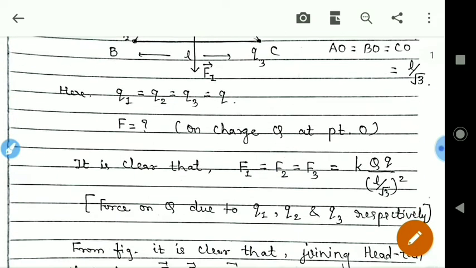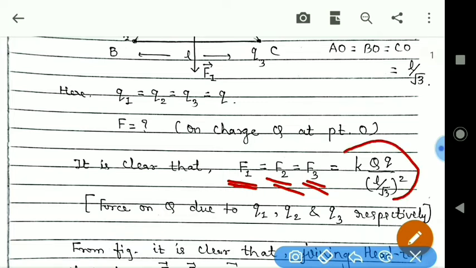So here I have mentioned that the force acting between the charge at the center and A is equal to the force between the charge at the center and point B, and the third force F3, which is between the charge at the center and Q3, will be the same in magnitude. Definitely their directions are different, but as a magnitude they are the same.